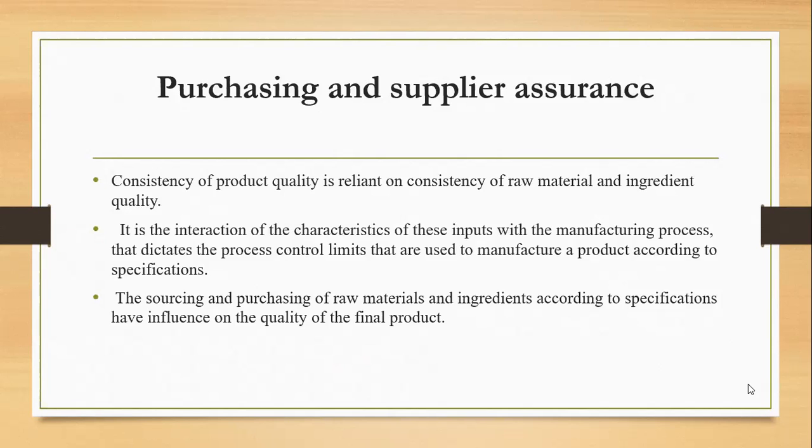You have more peace of mind, and you can relax that if something goes wrong with one supplier, you still have backup from the others. You wouldn't be at a total disadvantage if something goes wrong. So your sourcing and purchasing of raw materials and ingredients will always influence your final quality.